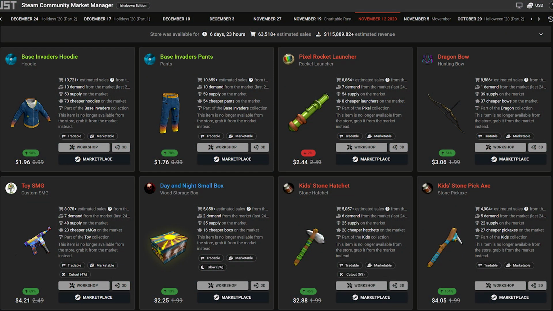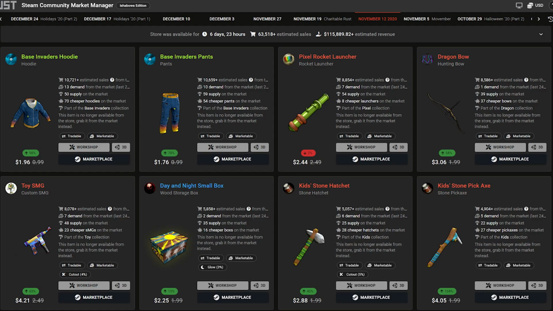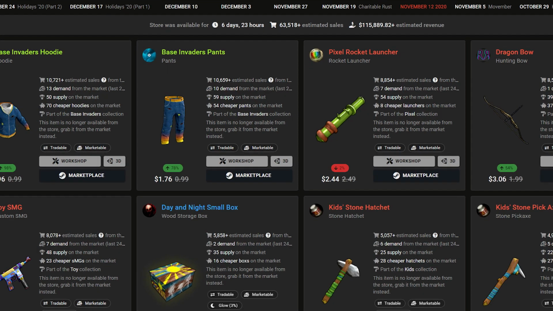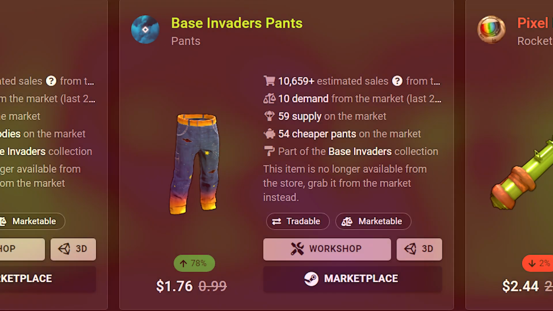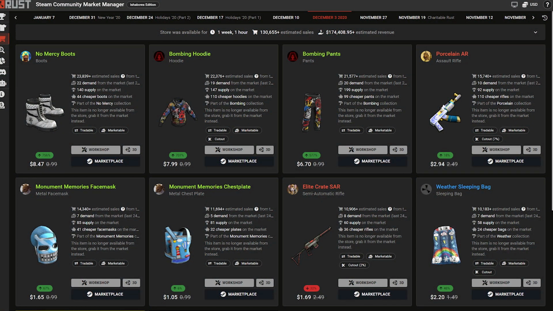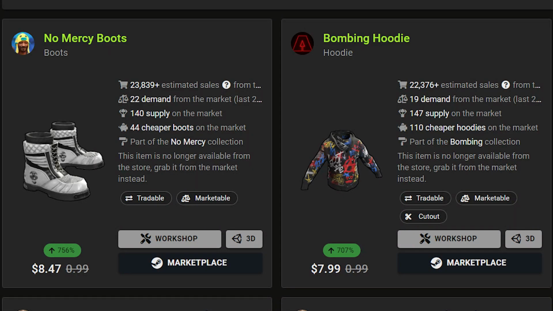Firstly, I want to look at November 12, 2020 to show an example for a reasonable week by the standard of this time. The sales only reached up to around 10,000 for the skins, but that would be partly down to not too much demand for these skins. In comparison, we will now look at December 3, 2020, with the No Mercy boots and bombing hoodie and pants selling for over 20,000 each.